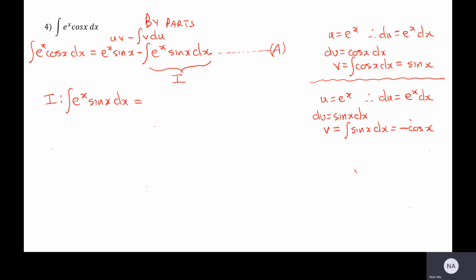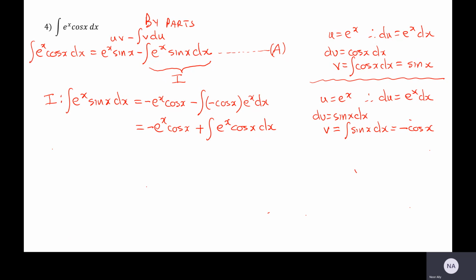Now I will substitute into the formula: uv gives me negative e to the x cos of x, minus integral of v du, which will be minus cos of x times du, e to the x dx. Simplify that wherever we can: minus e to the x cos of x plus the integral e to the x cos of x dx.